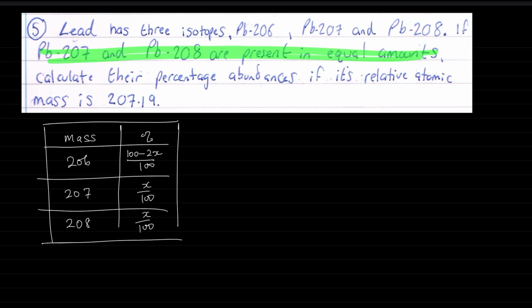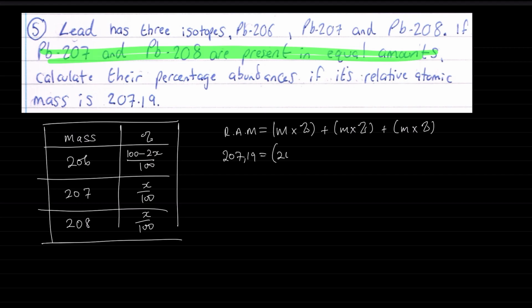Now we have enough information, we can solve. So RAM is equal to mass times percentage plus mass times percentage plus mass times percentage. The relative atomic mass is 207.19.